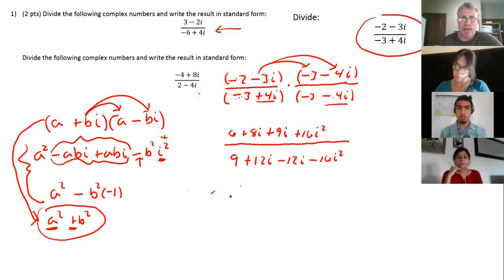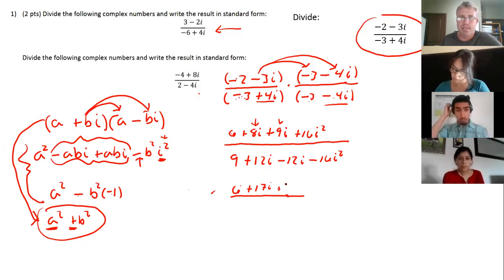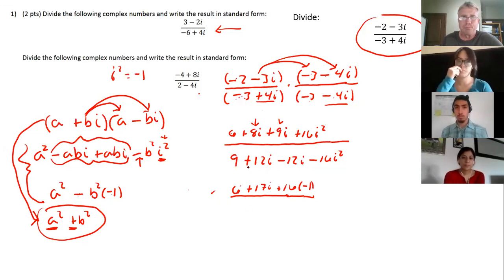So if we bring it down and continue to simplify, we get 6. And I can combine the i's because they're like terms. So I have 8 i's plus 9 i's is plus 17 i's. And then I get plus 16 times i squared, but i squared is just -1. We want to remember that i squared is -1, so I can replace that.